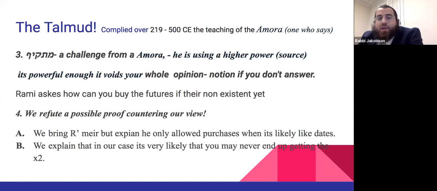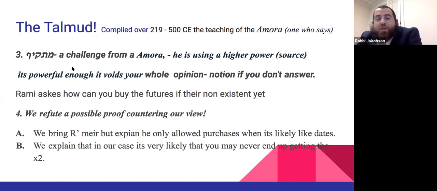Now, what I mean by a challenge is that we are using a higher power to challenge what was said. And over here I put in parentheses source, but in truth it's not always a source. It could also be an intellectual question.